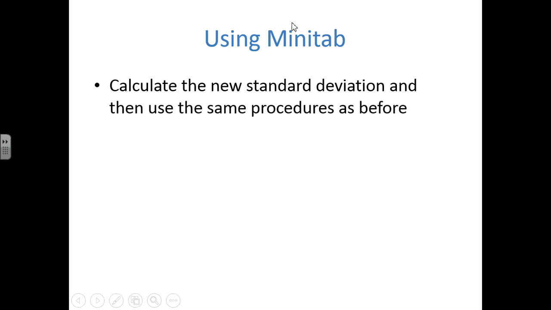Often we just use Minitab. In this class, we're going to almost always just use Minitab and not do all of this stuff by hand. So all you need to do is calculate the standard error of the mean with your calculator, and then use the same procedures as we did in section 5.3 in the last lecture.